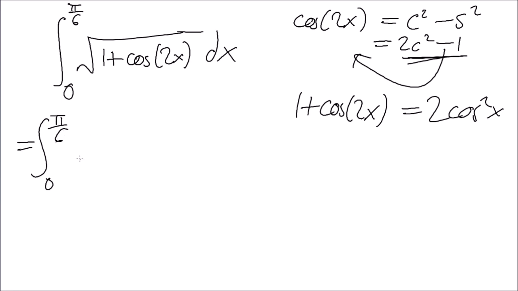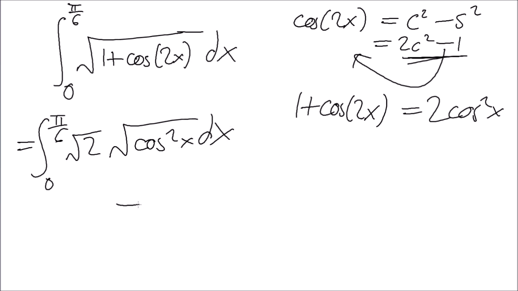So now what does this equal? This is just a 2, so it's square root of 2. And then this becomes square root of cosine square x. Cool, so what does this equal? It equals to what? Cosine of x?